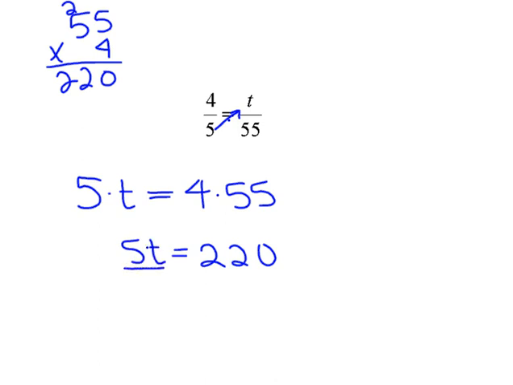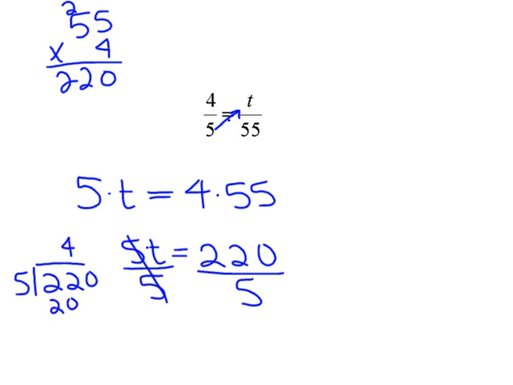Again, this is multiplication. So I'm going to divide both sides by 5 to get my final answer. So 220 divided by 5, 5 goes into 22 4 times with 2 left over, and 5 goes into 20 4 times with 0 remainder. So t is equal to 44.